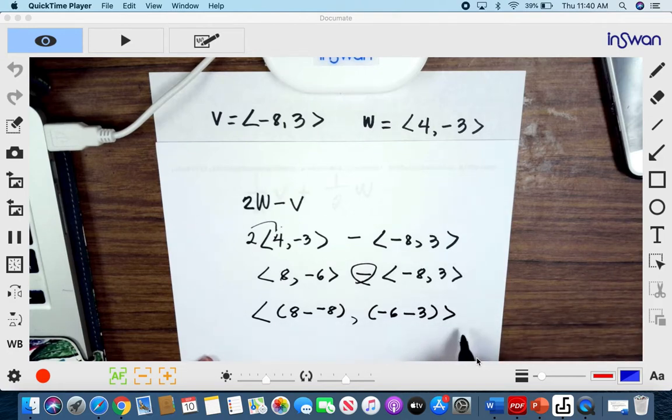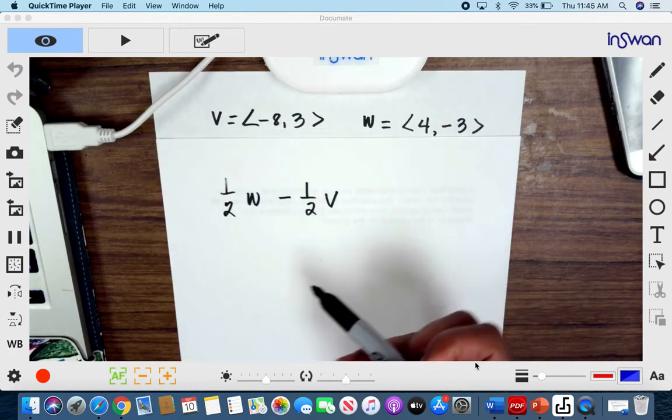Then, of course, if you subtract this, you can use a calculator or you can do it like this. If you have a series of negatives like this, negative times negative is positive. So it becomes 8 plus 8. That gives us positive 16. And if you have a series of operations like this, all you need to do is to add them together and copy the sign. So this will be the resultant of the operation.